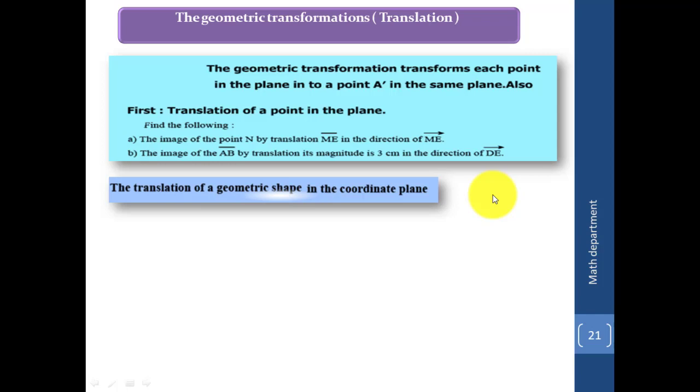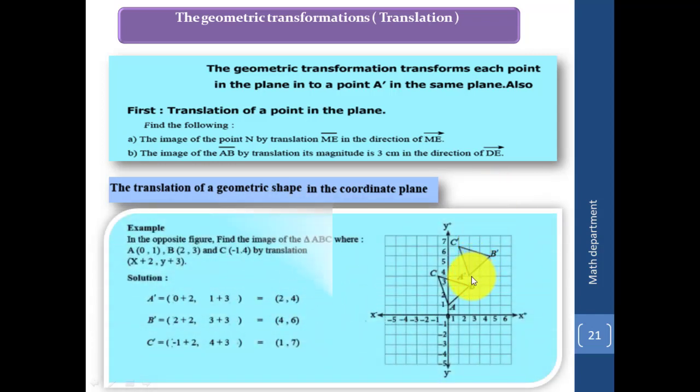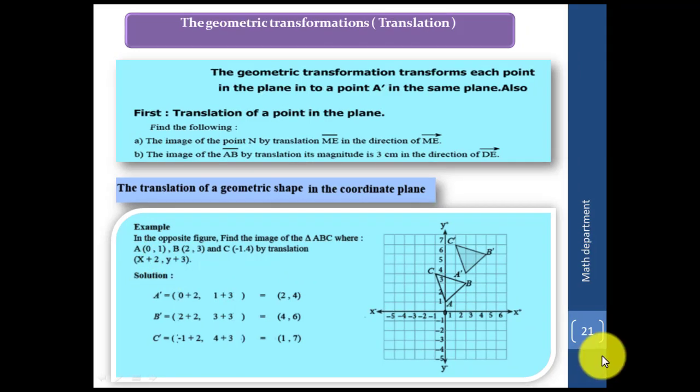For example, the translation of a geometric shape in the coordinate plane. In the opposite figure, find the image of triangle ABC where A equals 0 and 1, B equals 2 and 3, C equals negative 1 and 4, by translation x plus 2, y plus 3. To find the image of point A, its image will be A dash.